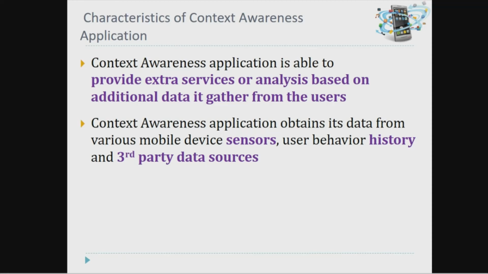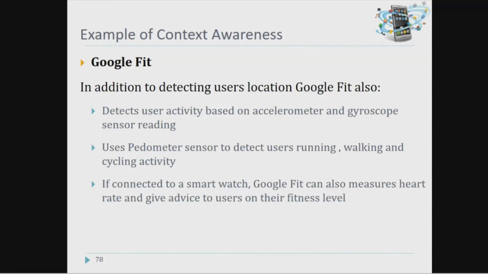If you realize, when you want to install a certain mobile application, they ask for certain permissions. So if you say allow, it will collect your data. So how they work is based on the data.